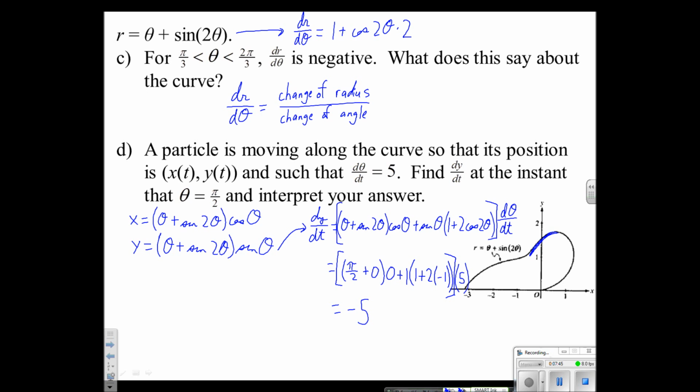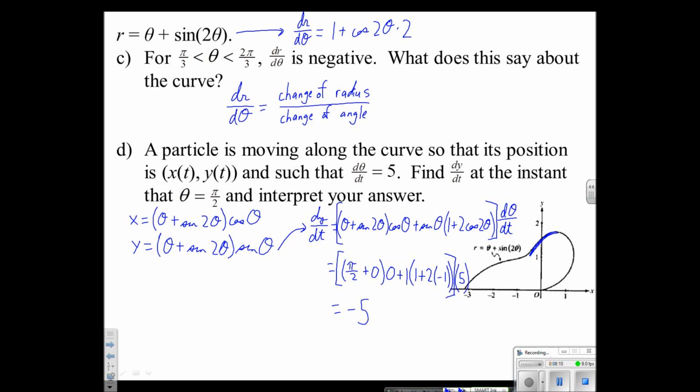I don't have units for distance or time, but this would be -5 units of distance per unit of time. At this moment, the y coordinate is decreasing at a rate of 5 units per second or minute or whatever it is.